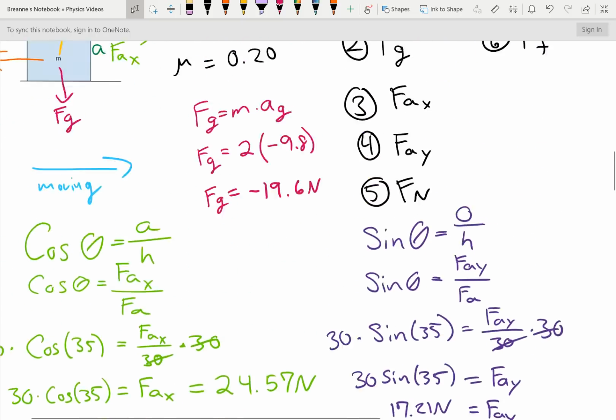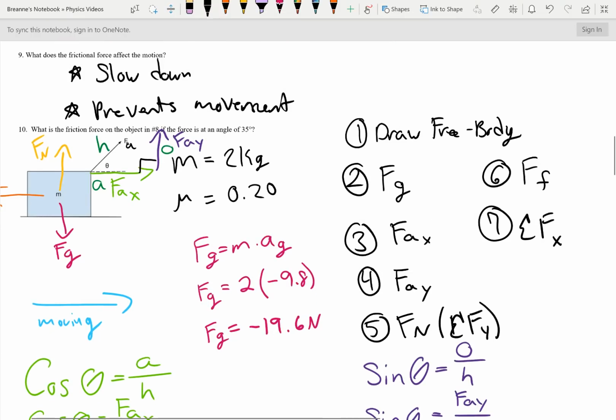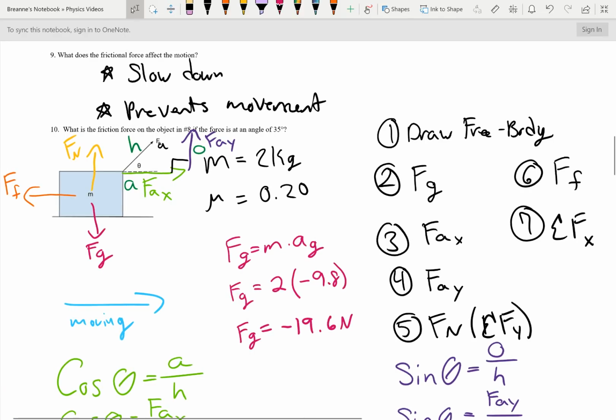So now, step 7 is to figure out your net force, specifically in the x direction. We already figured out our net force of the y. But our net force in the x, we need to know all the forces that are moving in the x direction.